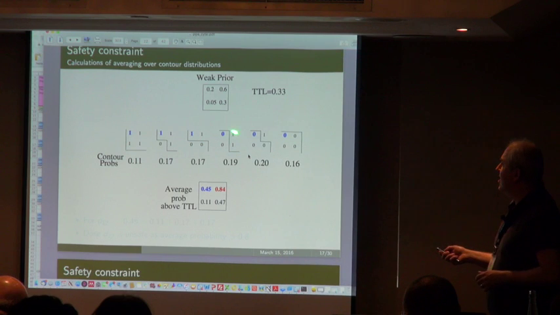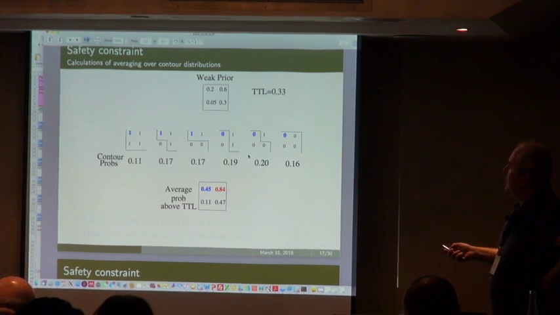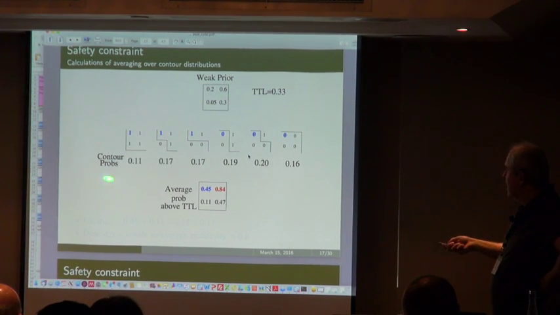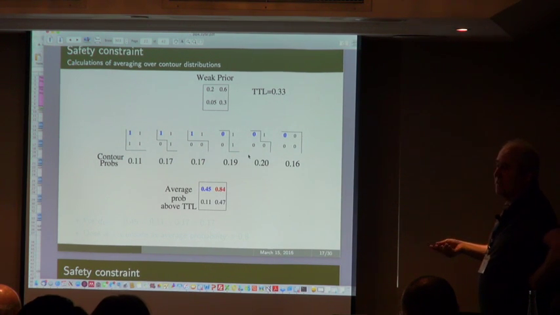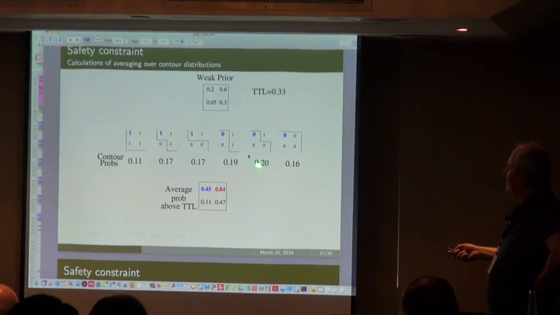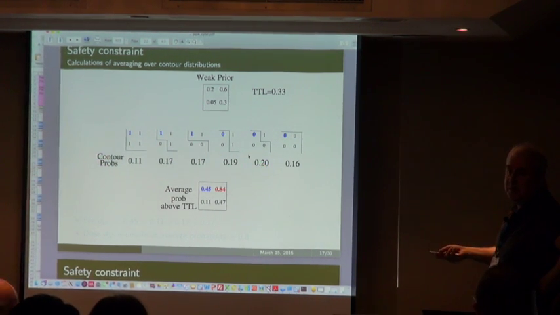So let's take a weak prior on the 2x2 case. Our target toxicity level is 0.3. These are the 6 contours, and these are the 6 probabilities given these values. This is at the start of a study, so there's no data here. This is all the vague prior, and you'll see that there isn't much difference between the probabilities, as you'd expect.